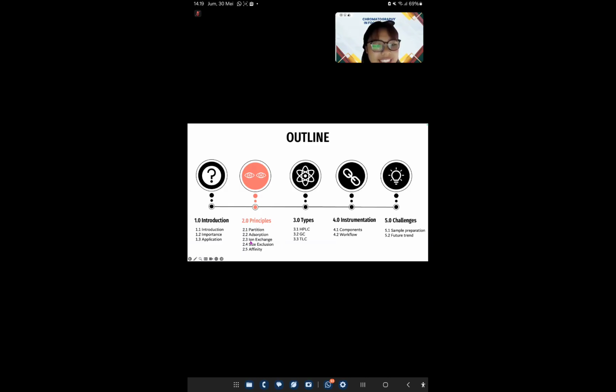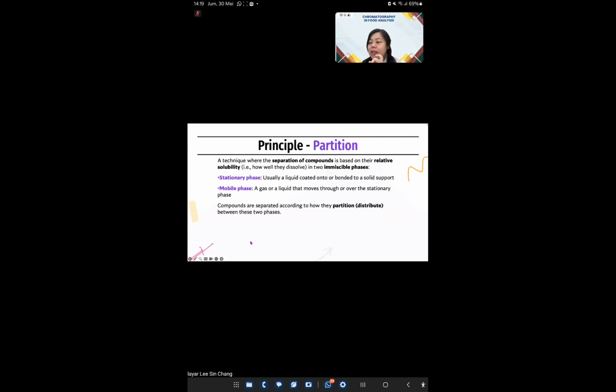All right. So now I move on to the principle part. I will just mention the 5 important principles that you need to know. So for partition, as the name mentioned, part means you split it into different parts, right? So it will separate based on their solubility in 2 different parts. These 2 parts should be immiscible, meaning they cannot mix together.